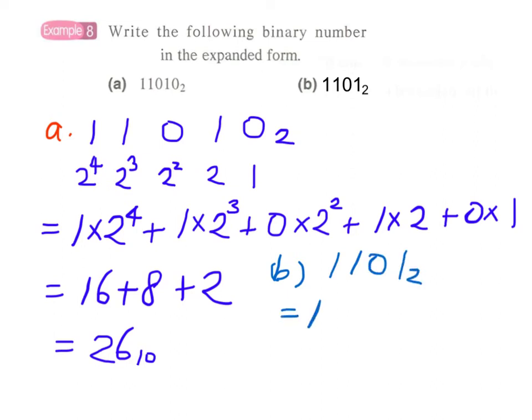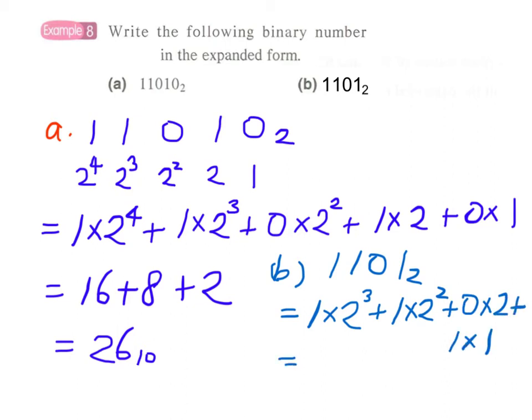Therefore, we have 1 times 2 to the power 3, plus 1 times the square of 2, plus 0 times 2, plus 1 times 1. This is the expanded form, and we can convert this to a Denary number: 8 plus 4 plus 1, we have 13.